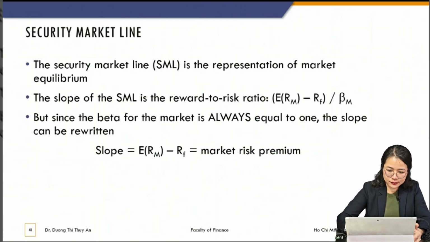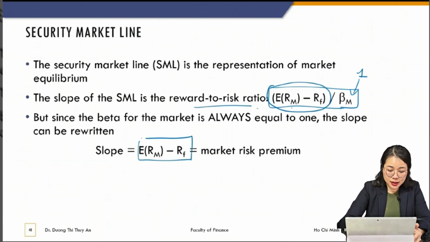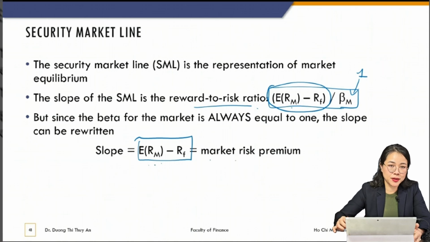So the slope, this is the reward ratio of the market. Because beta is 1, the slope of the risk reward ratio of the market is only this. And this is actually the risk premium, and because it is the market, we call it the market risk premium, and that is the slope of the security market line.